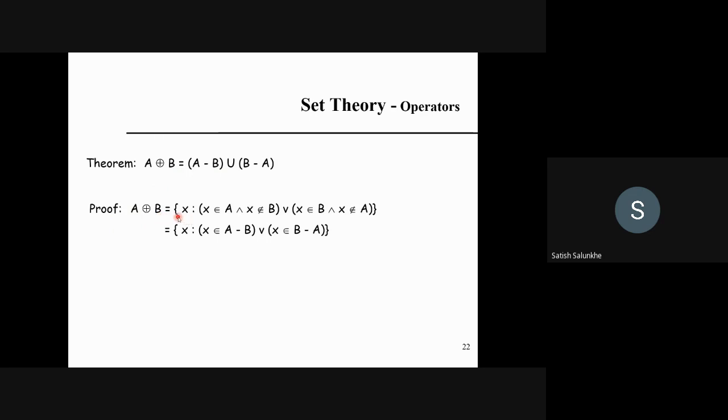By definition, it is the set of all elements X such that X belongs to A and X does not belong to B, or X belongs to B and X does not belong to A. So X belongs to A minus B, or X belongs to B minus A. So it is basically X belongs to A minus B union B minus A. This is the way you can prove that the left hand side is equivalent to the right hand side.